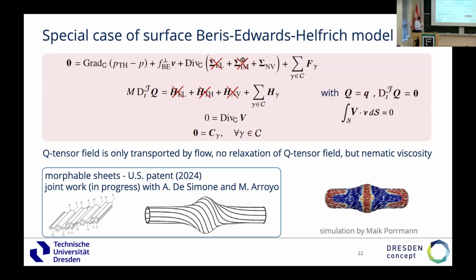And we would like to model some morphable sheet, which Antonio DeSimone and Marino Arroyo have a patent on, and we have worked together for some months to model the dynamics of this.